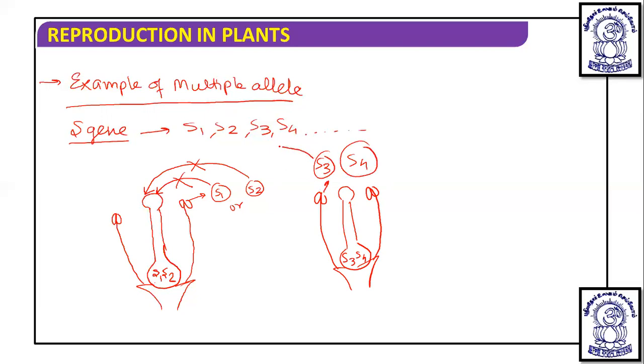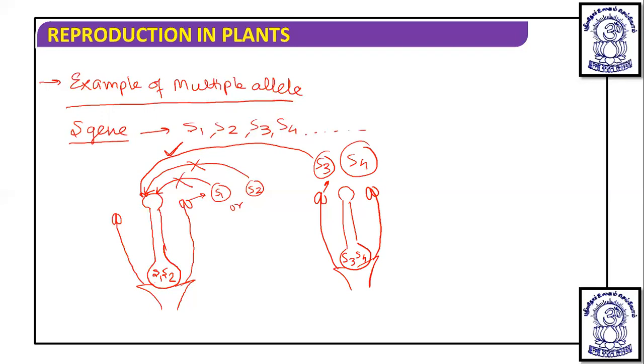If this pollen grain comes and interacts with this carpel, it will allow pollen tube development. So this shows the rejection of pollen grain having the same or identical genotype to the carpel, meaning pollen grains of the same flower are rejected in self-incompatibility or self-sterility.